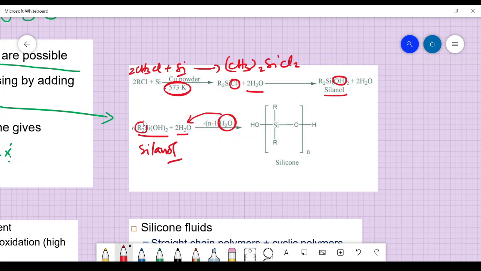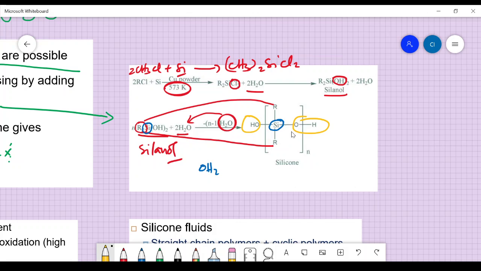Here you've got one R, this one is another R. Silicon is retained there as it is, right? And you have two OH groups there. That OH is also here and this OH is also there. But what has happened here is it is getting repeated. It is getting connected.